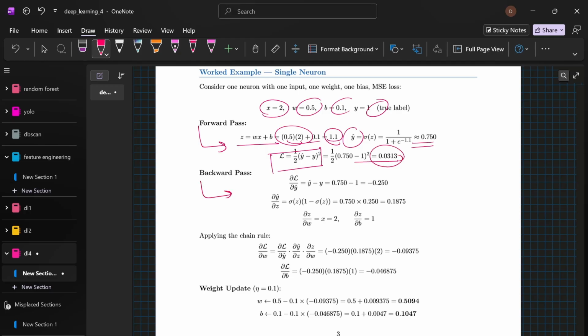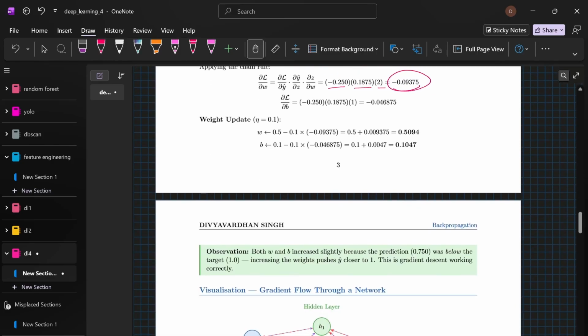In the backward pass, the gradient of the loss with respect to y hat equals 0.75 minus 1, that equals minus 0.25. The sigmoid derivative will be 0.75 times 0.25, that means 0.1875. Now the gradient with respect to w equals minus 0.25 times 0.1875 times 2 equals minus 0.09375.